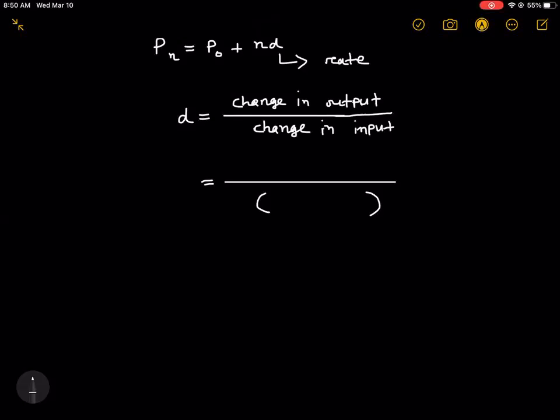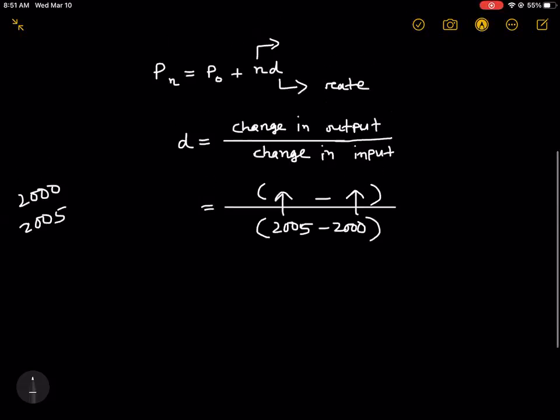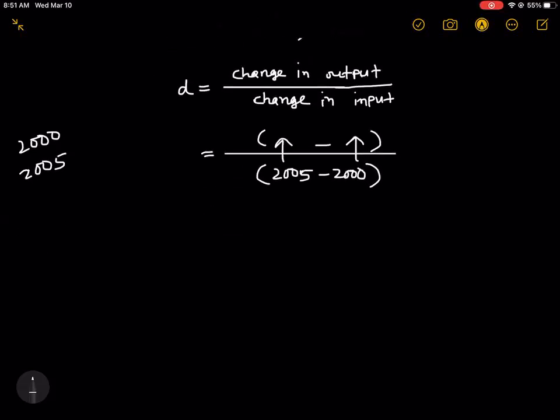Let's say, from 2000 to 2005. If we consider this time duration, the change in input would be the difference of that time duration. And the corresponding population, or whatever the given information is, the corresponding values would be our change in outputs, right?